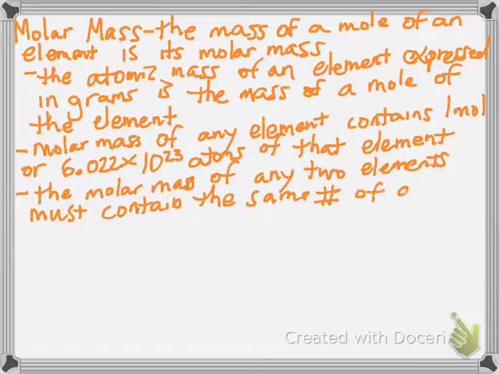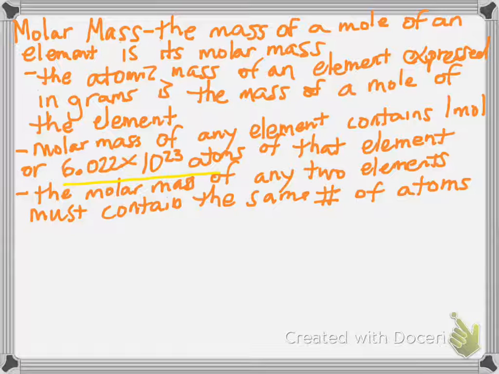of atoms. So all that's saying here is, okay, the molar mass is the mass of the element from the periodic table. So if we have 12.011 grams of carbon, we have 1 mole of carbon. And 1 mole of carbon is 6.022 times 10 to the 23rd atoms.